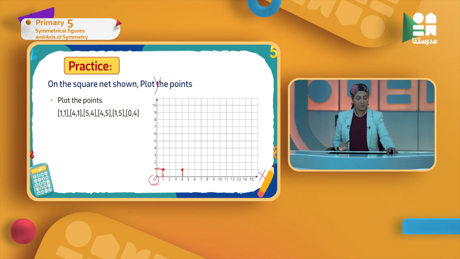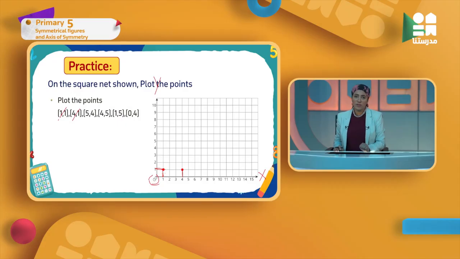Okay, then I will move to the third point, the point with the coordinates 5 and 4. So I will move to 5 on the x-axis, then I will go up 4 units on the y-axis.